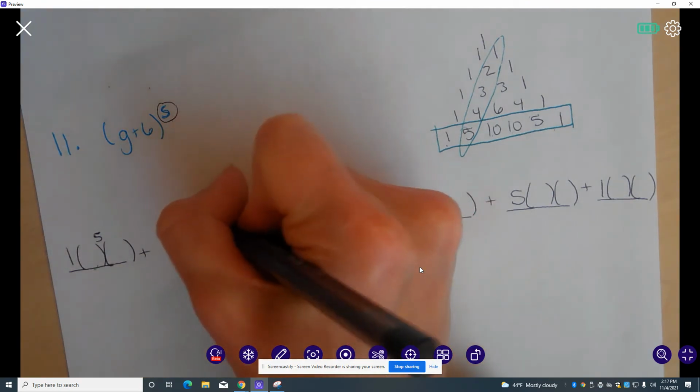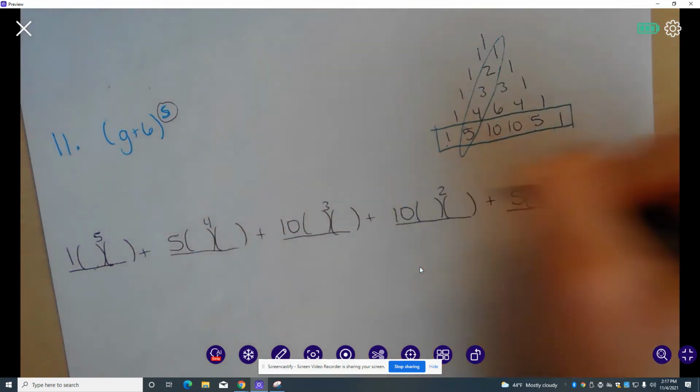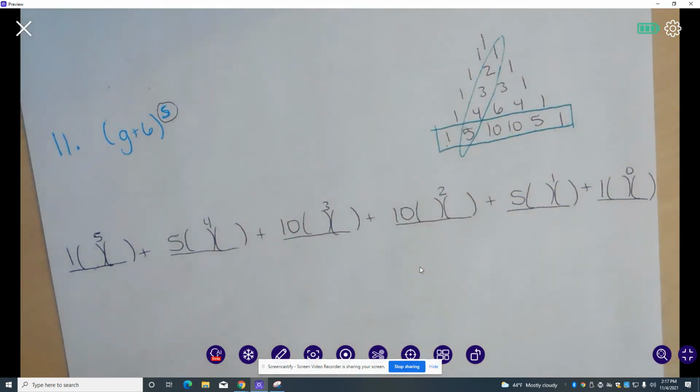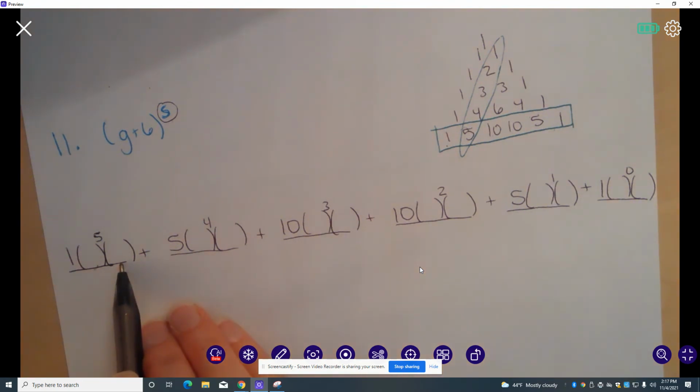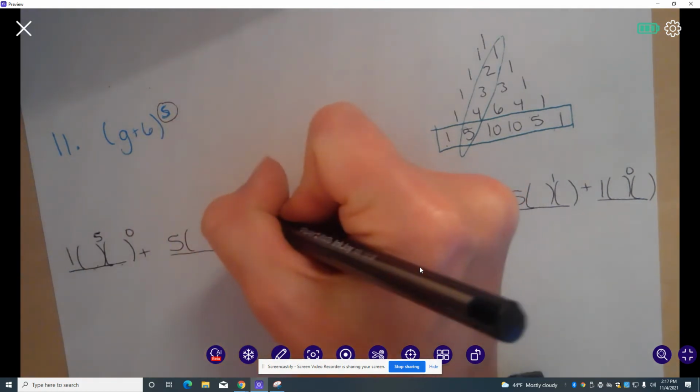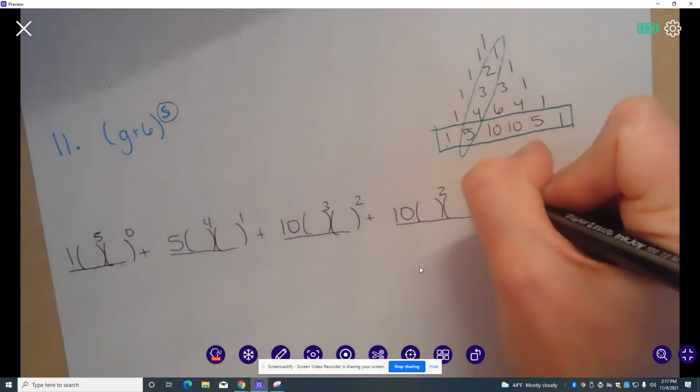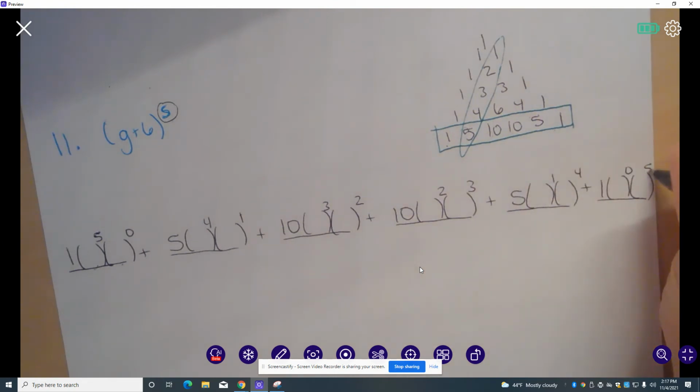So 5, 4, 3, 2, 1, 0. And then my second set of parentheses, remember this one starts at 0 and increases by 1 until I get to 5. 0, 1, 2, 3, 4, 5.